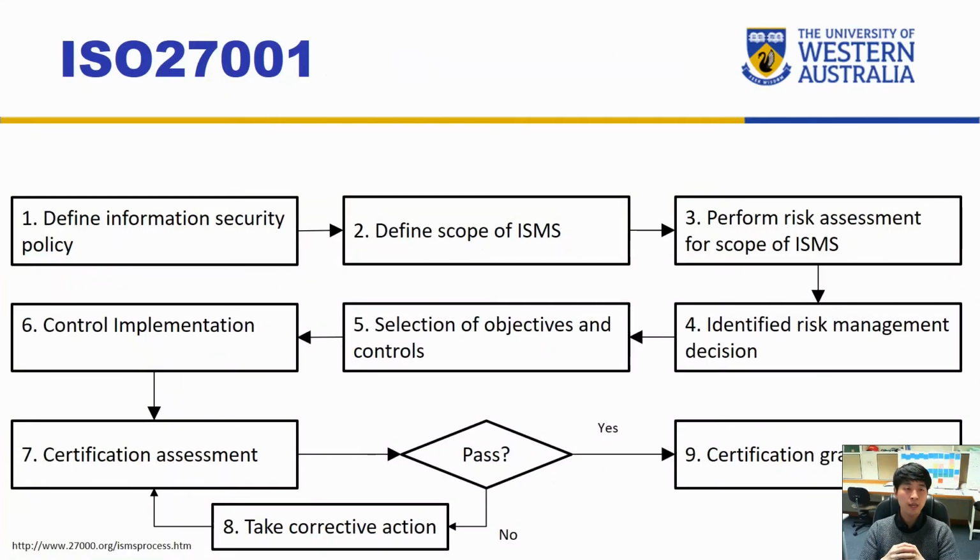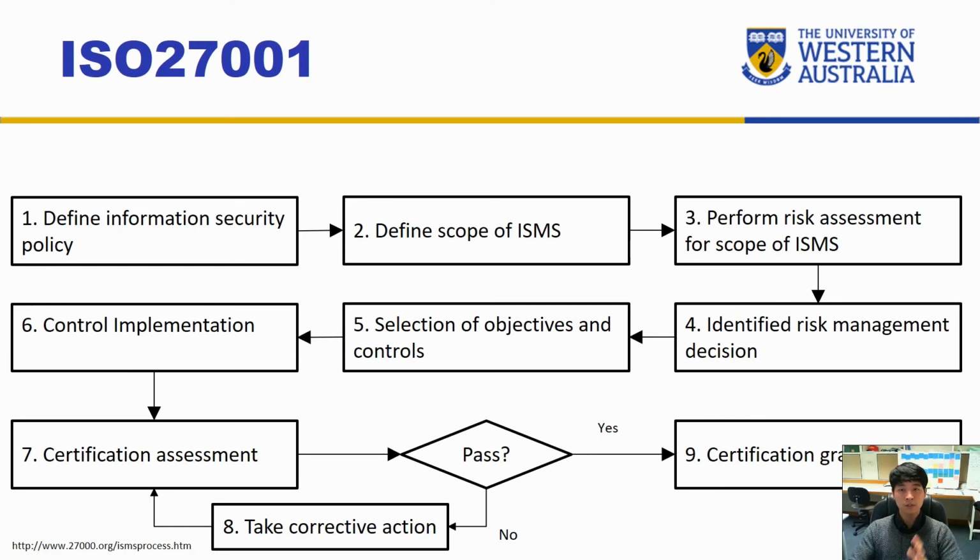So when we look at ISO 27001, it maps out the process that we need to go through to achieve the cycle that we saw before. Okay? And once you finish the certification, you're not necessarily finished. You can always revisit these tasks again and make improvements. But nevertheless, to get the certification, all you need to do is finish these 9 tasks.